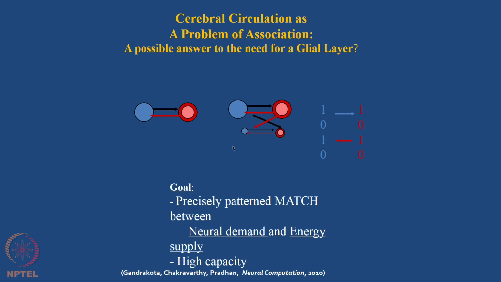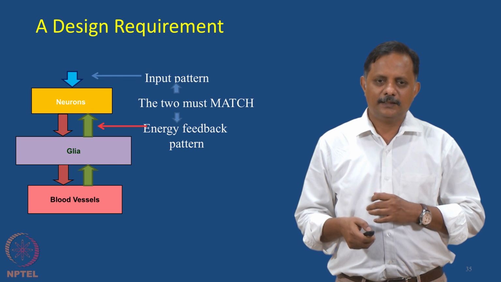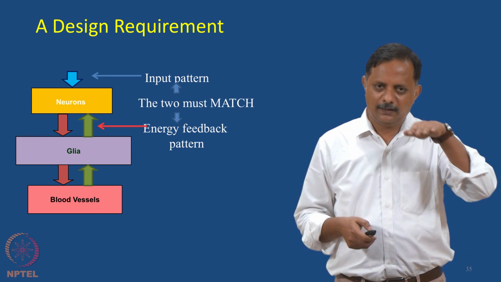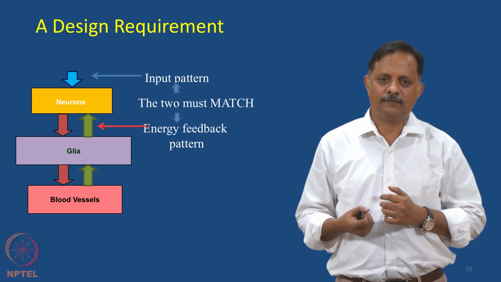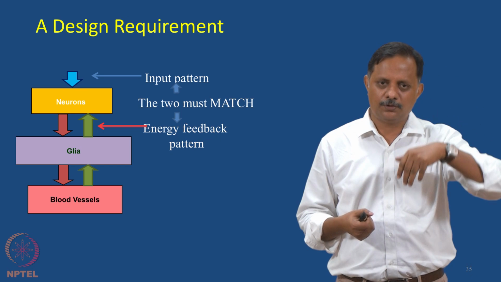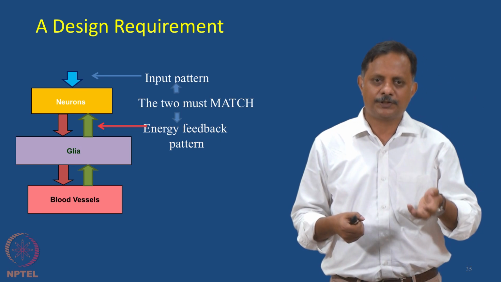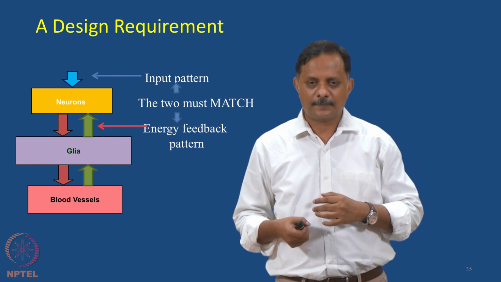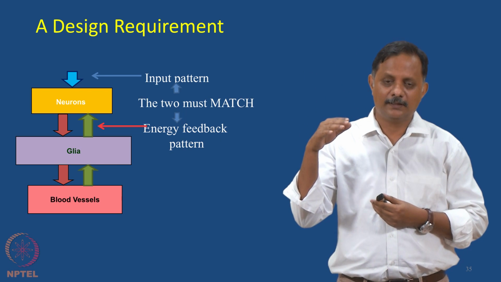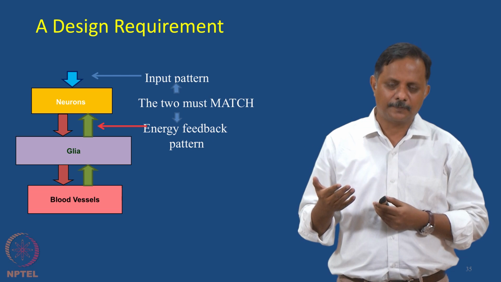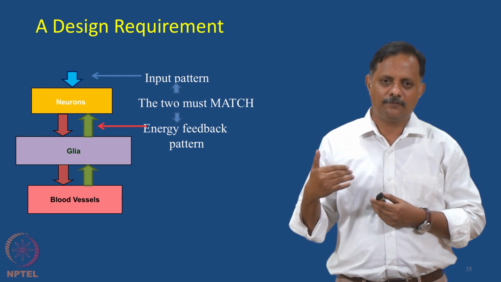So this is a very simple question with which we began. Since neurons have varied energy demand levels, there must be some kind of mechanism by which the total input into the neuron from other neurons, which determines their activity levels, is matched. The activity levels of the neurons, which determine their energy demand pattern, must be matched by the energy feedback pattern.